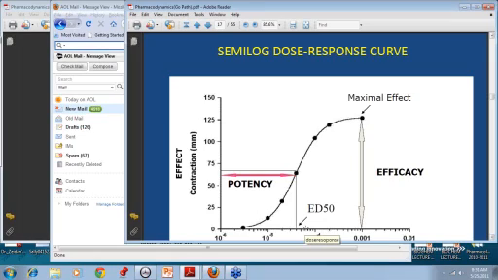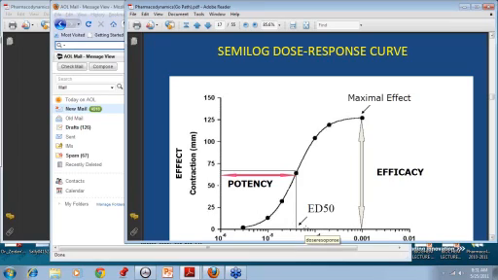So in essence, the potency is essentially a measure of the amount of drug necessary to produce an effect of a given magnitude. Okay, so this is the important aspect.